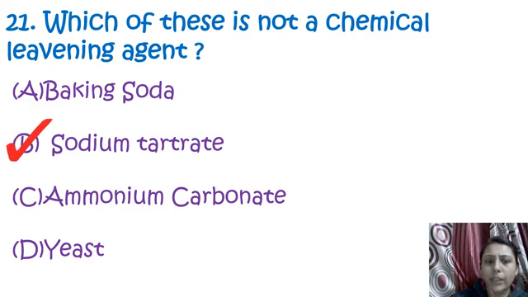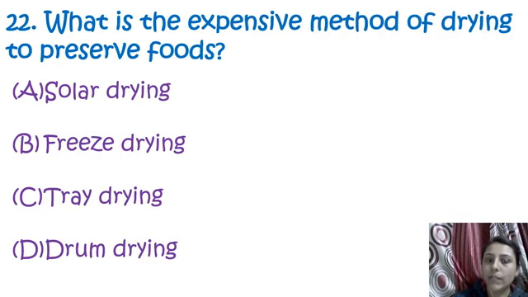As we already know, baking soda, ammonium carbonate and yeast are used in our homes for fermentation and as leavening agents. Next question is, what is the expensive method of drying to preserve food? Solar drying, tray drying and drum drying are inexpensive methods of food preservation, and the expensive method of drying is freeze drying.